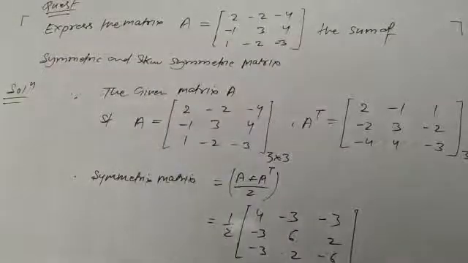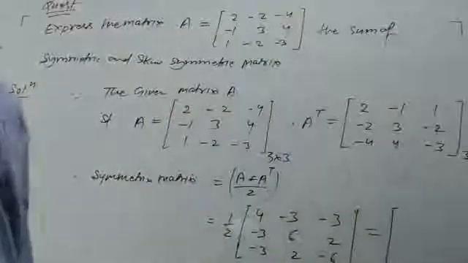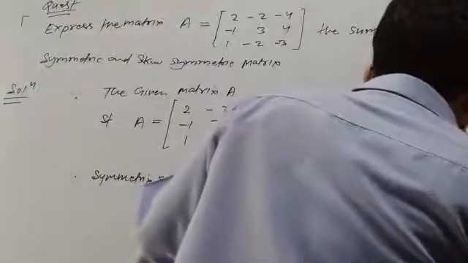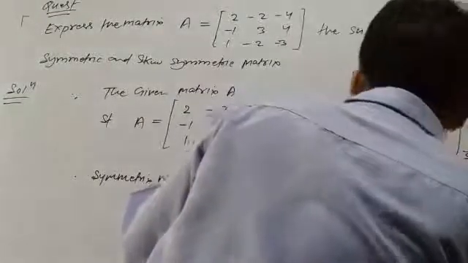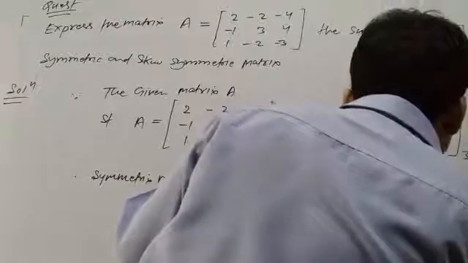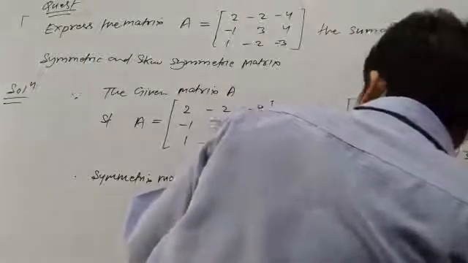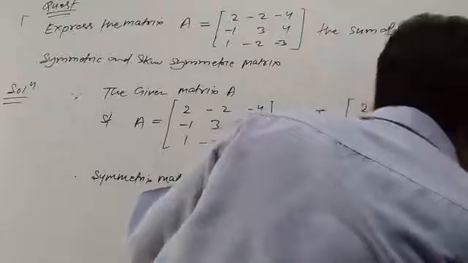So this is A plus AT. When you multiply by 1 by 2, the result is 2, minus 3 by 2, minus 3 by 2, and minus 3 by 2, 3, 1, and minus 3 by 2, 1, and minus 3.